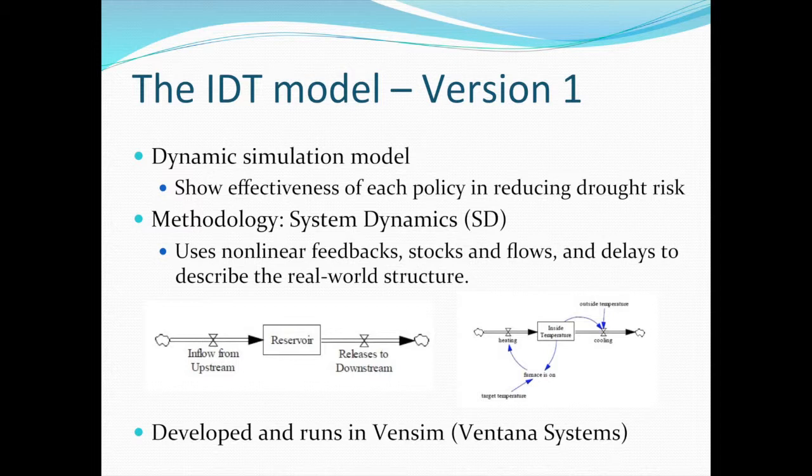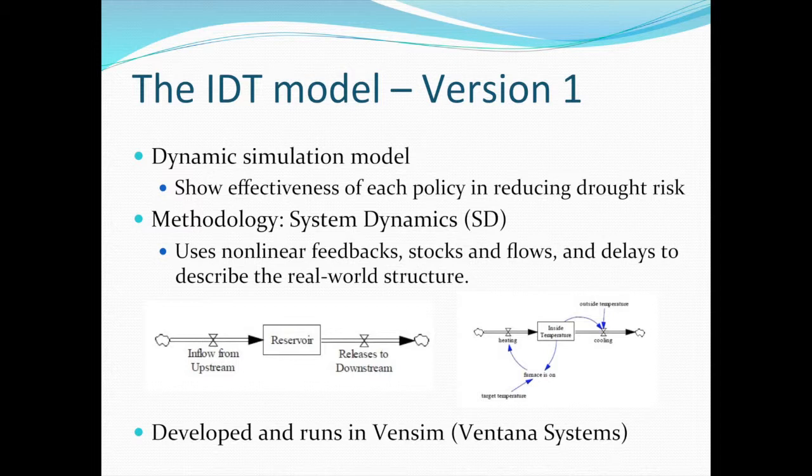Here is a very simple example. There is a stock here representing a reservoir, and there are inflows and outflows that can change the reservoir value, actually the water storage in the reservoir. Another example: we have a heating system in this room. We want to set a comfortable temperature, let's say 20 degrees.